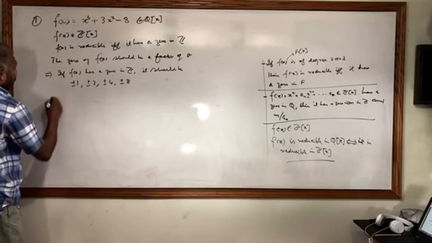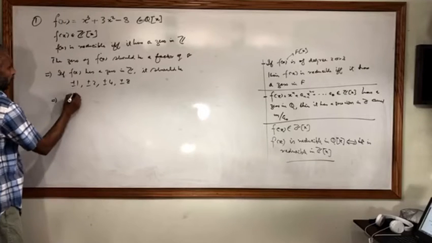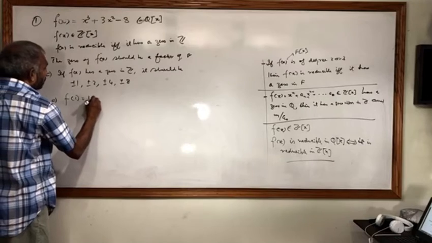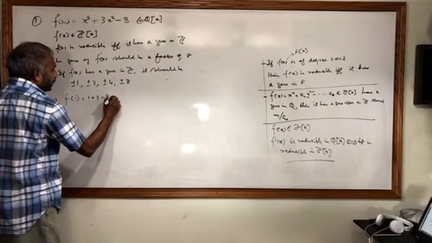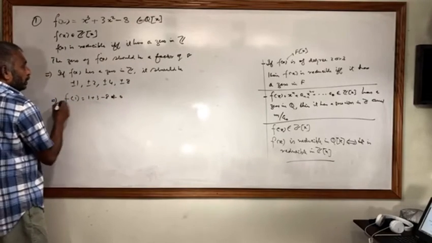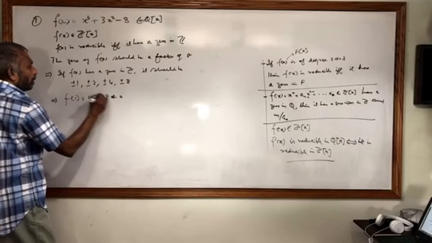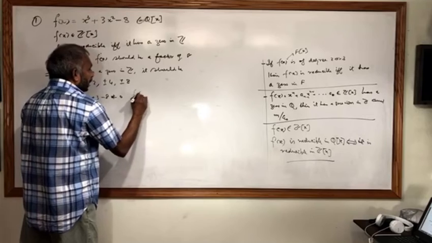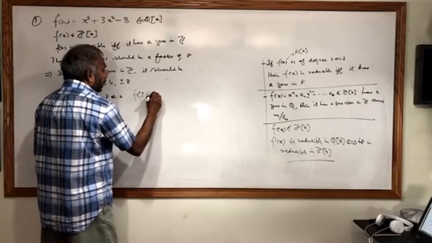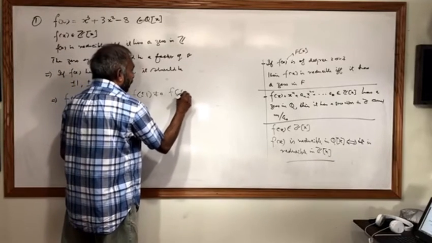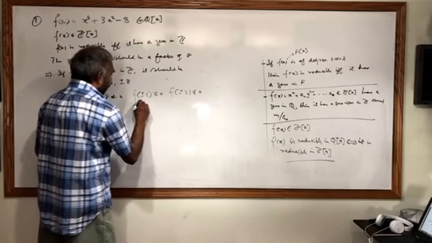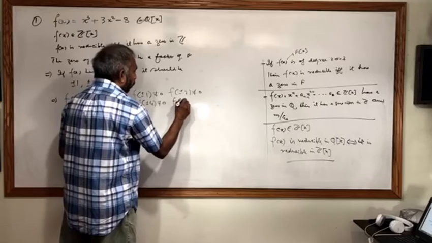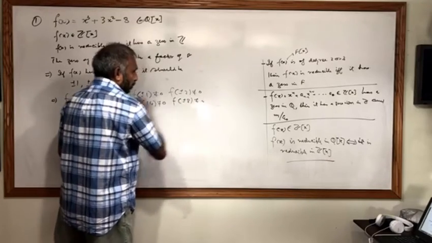But if you find the values, I'm going to find only for f of 1, and that's going to be 1 plus 3 minus 8, which is not equal to 0. So if you compute for every value, you'll see that f of plus or minus 1 is not equal to 0, f of plus or minus 2 is not equal to 0, f of plus or minus 4 is also not equal to 0, f of plus or minus 8 is also not equal to 0.